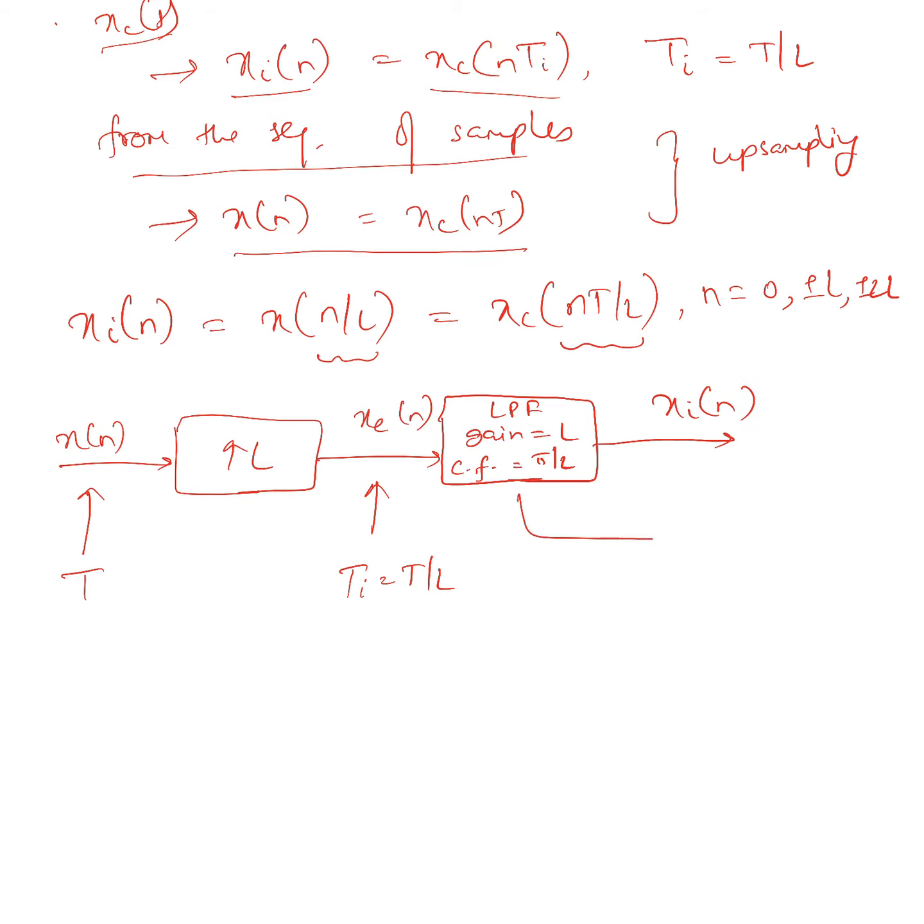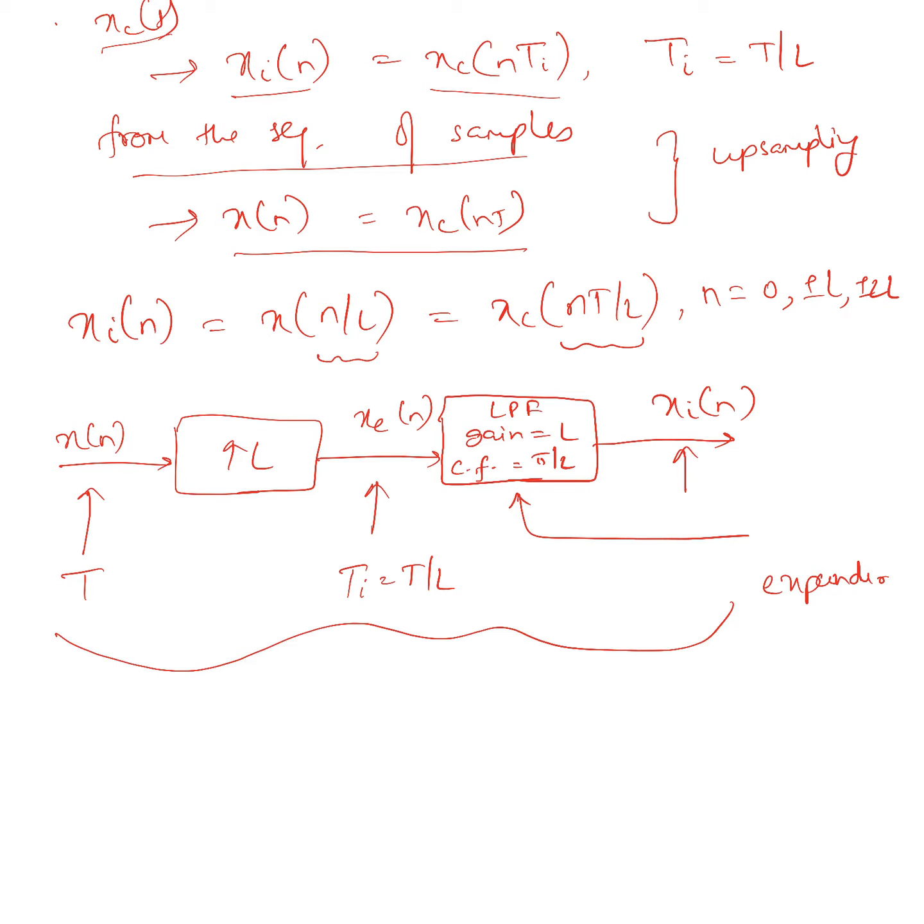This block diagram is similar to the ideal D to C converter. That's why we said initially that increasing the sampling rate involves operations analogous to D to C conversion. And this overall system, we call the expander.